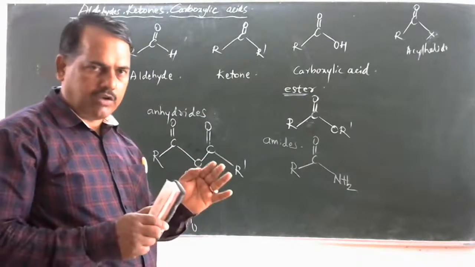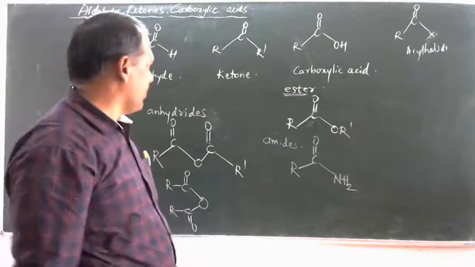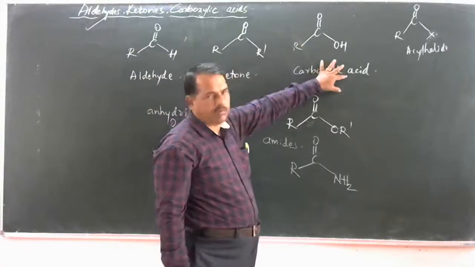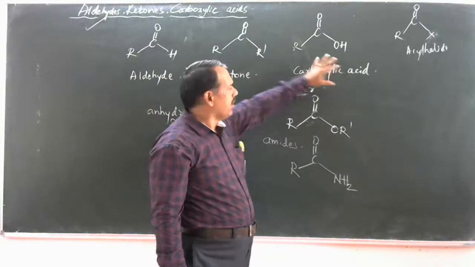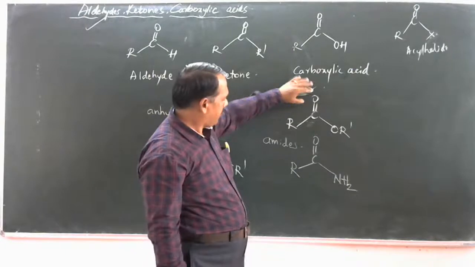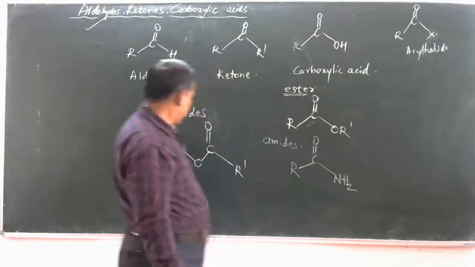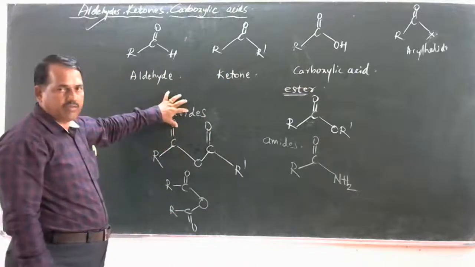The basic functional groups which you studied in first PUC itself. Again, the derivatives of carboxylic acids are esters, amides, acyl halides, as well as anhydrides.